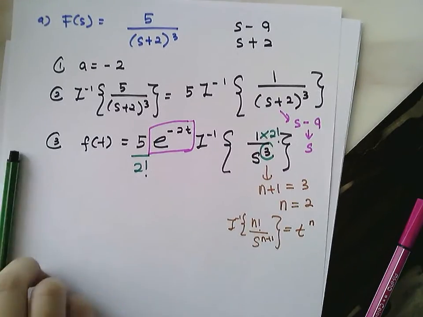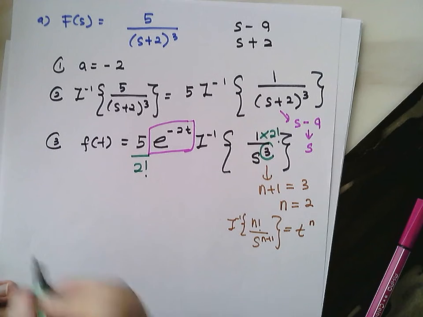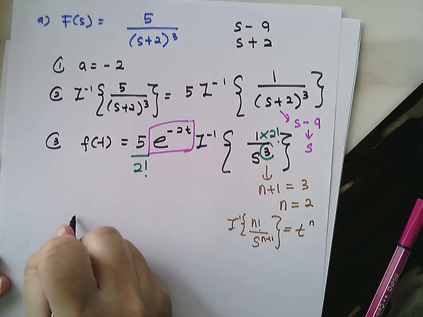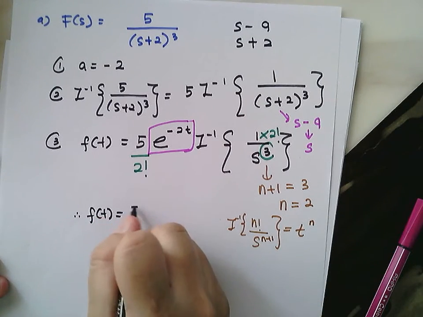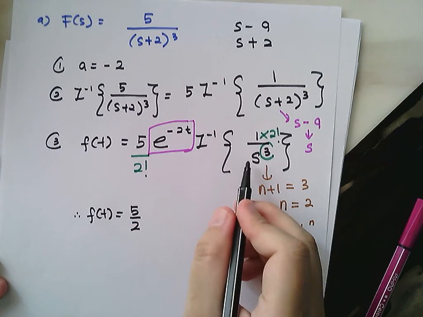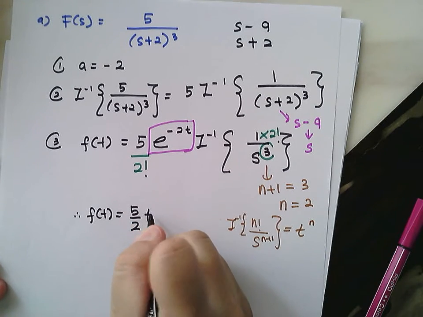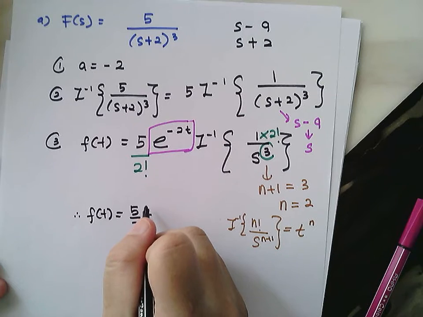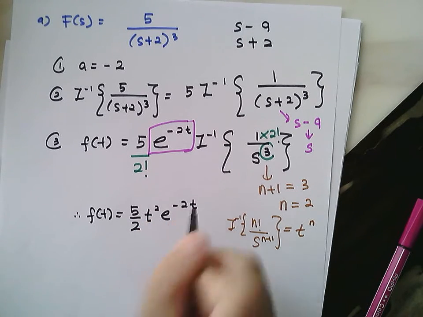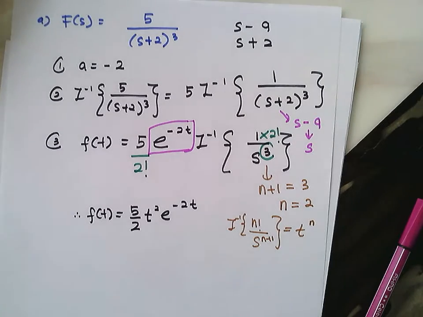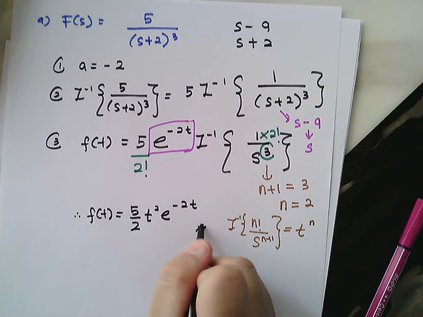So therefore, your f(t) is equal to 5 over 2. So this one will be t squared, e to the negative 2t. Okay, so this is the final answer.